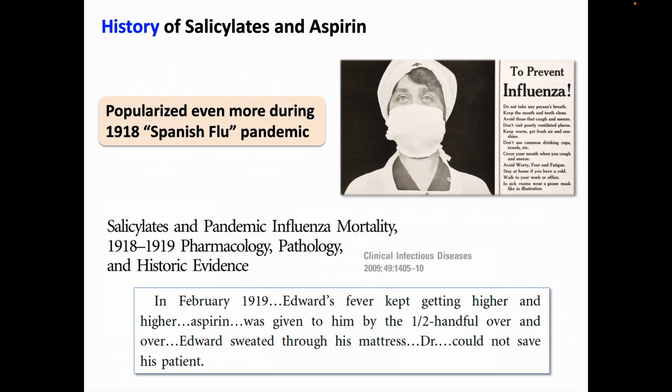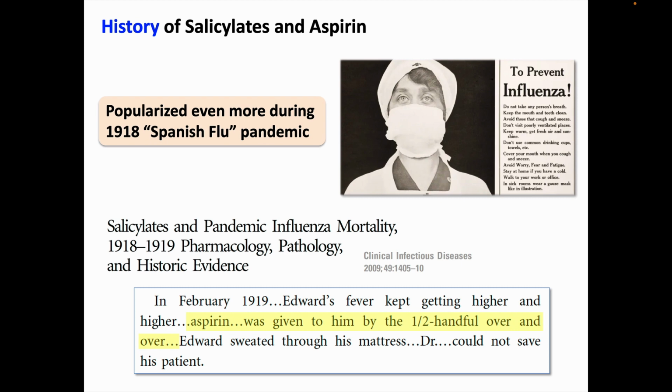Aspirin's popularity was boosted further with the 1918 Spanish flu pandemic at the tail end of World War I. As one of the few actually effective drugs in the pharmacopoeia, aspirin was used freely for the aches, pains, and fever of influenza. In fact, some research suggests aspirin was overused at the time, and it may have been so overused that it contributed to that pandemic's high mortality rate.